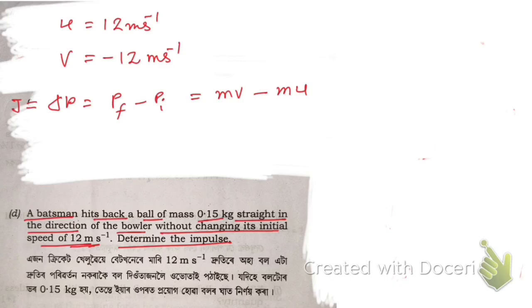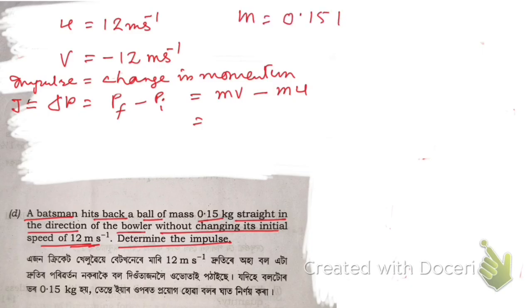We know that impulse is equal to change in momentum. What is the mass given here? 0.15 kg. So you can take the m common, m times v minus u. So 0.15 into v is minus 12, u is 12, so v minus u is minus 24.